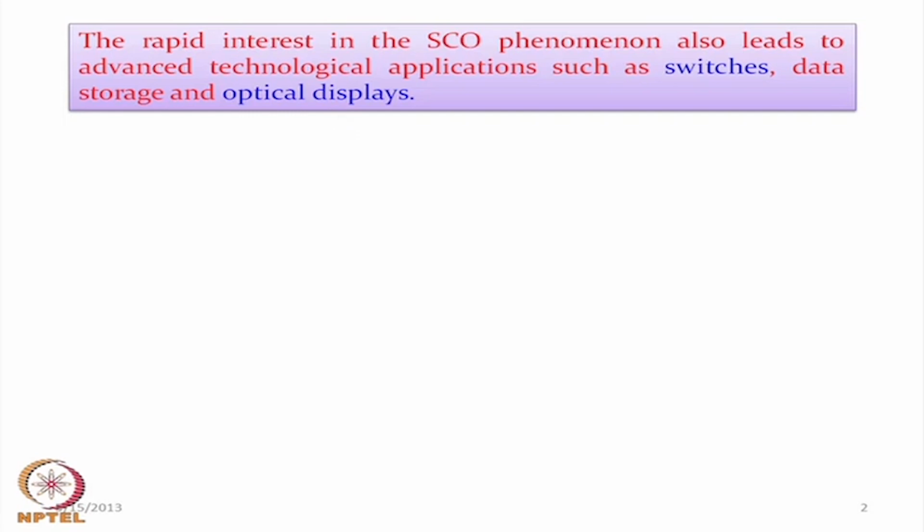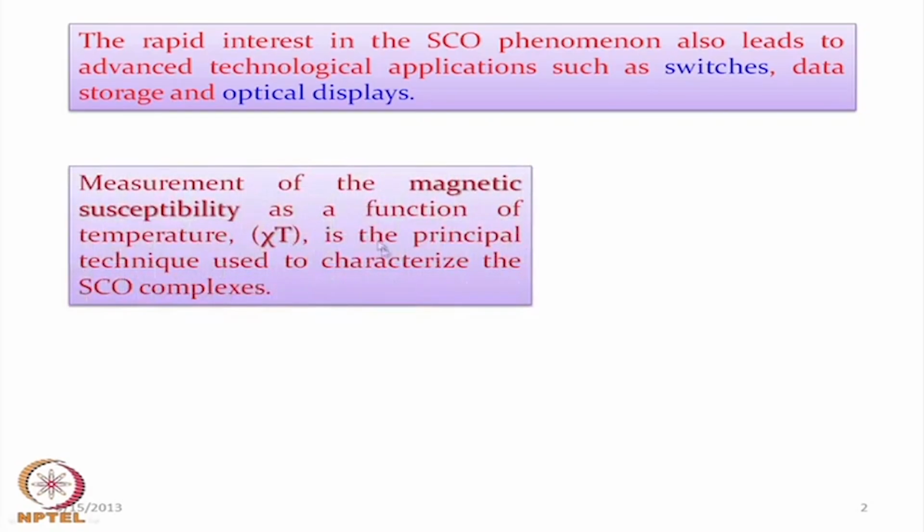So, whether these metal complexes can be useful for all these devices, the device making things have been utilized for the use of this interesting class of molecules. What we have just seen is that we can determine not only the X-ray structure, but also the corresponding magnetic susceptibility.